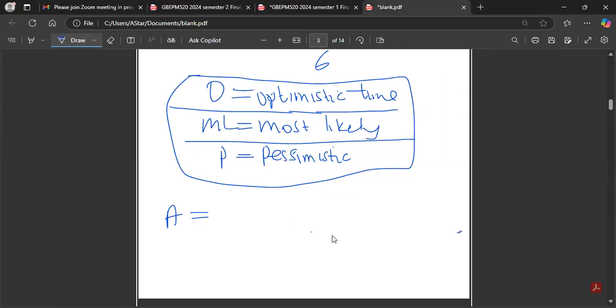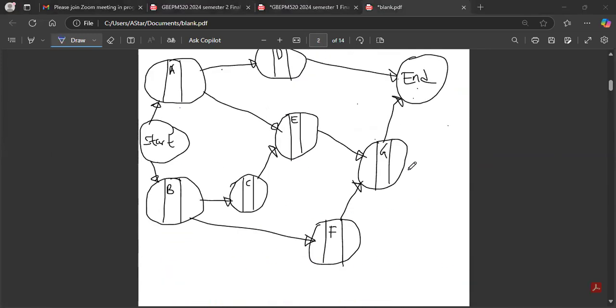So what next? You come and put here 4, 3.5, 5.5.